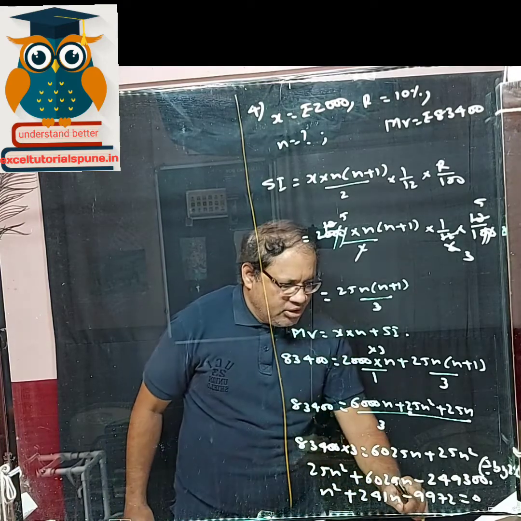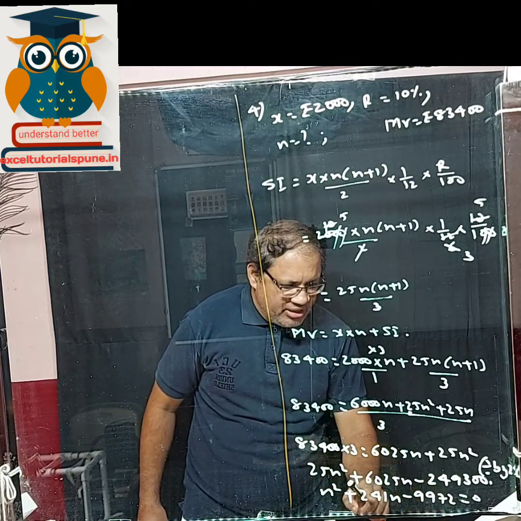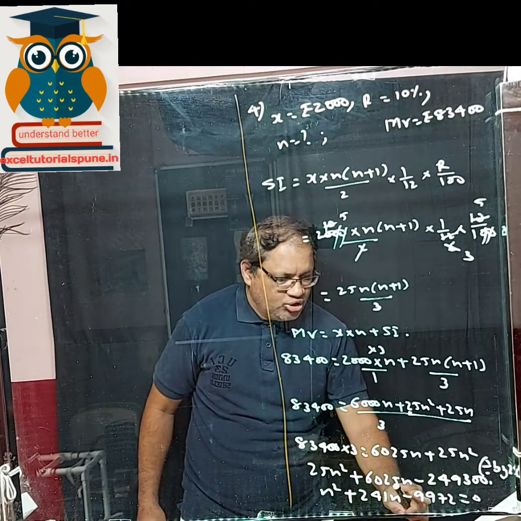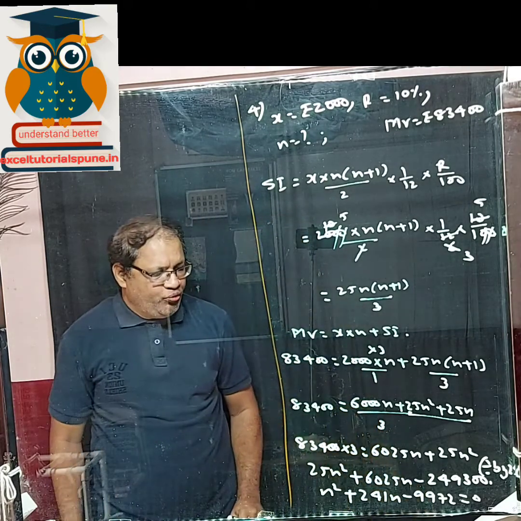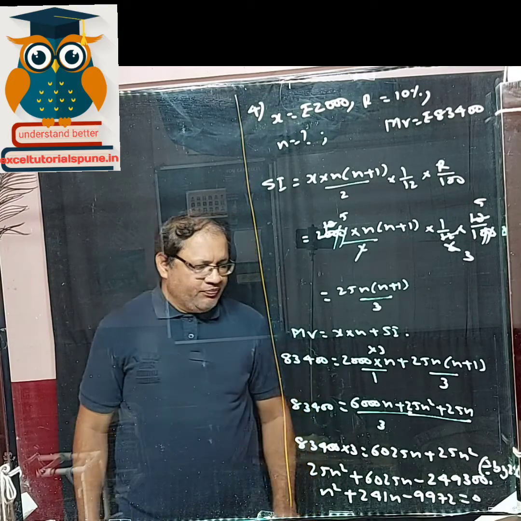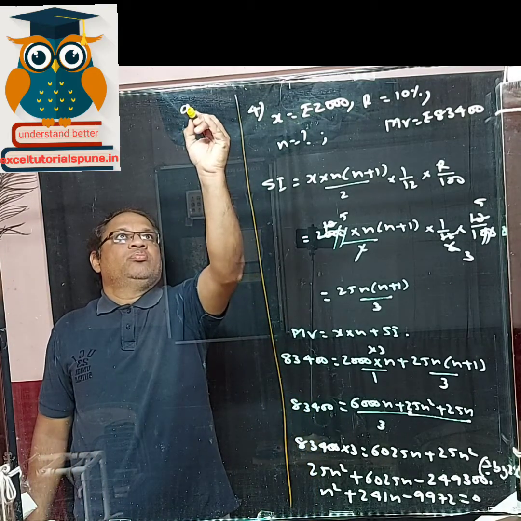Now the product is 9972 and the sum is 241. So you have to factorize 9972 and you have to get 241 as the sum. So 9972.